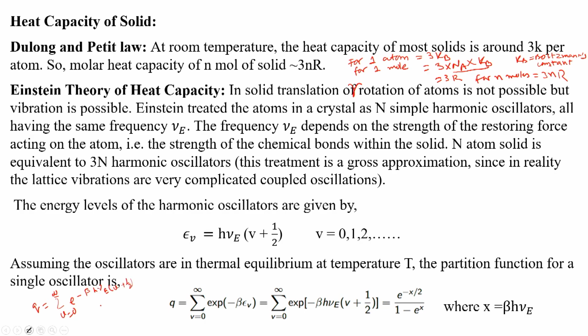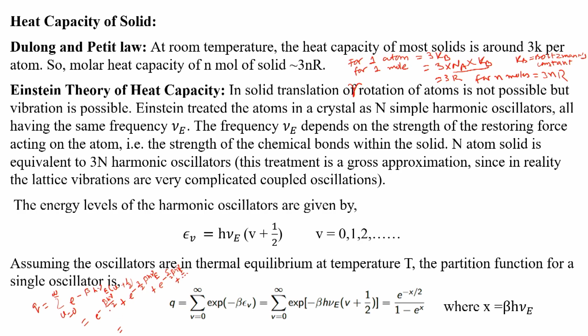Now we put V equals 0, which gives e to the minus beta h nu by 2, plus if we put V equals 1, you get e to the minus 3 by 2 beta h nu e, and the next one, if we put V equals 2, we get e to the minus 5 by 2 beta h nu, and so on, right.